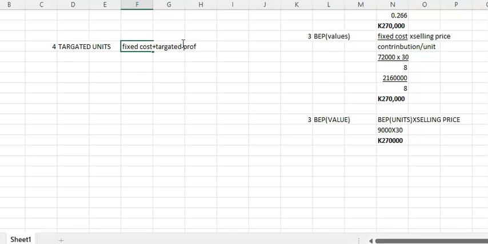We have been given the profit they want to achieve.